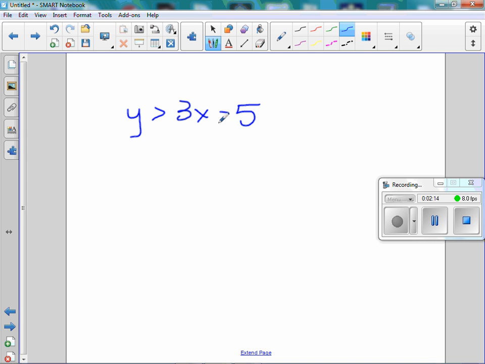It looks like this is a positive slope, so I didn't graph it. I'm just going to represent a line here, and it would be dotted. So y is greater than. Since it's greater than, will it shade on the top of the line or the bottom? Will it shade on the top of the line? Okay, and it's dotted.